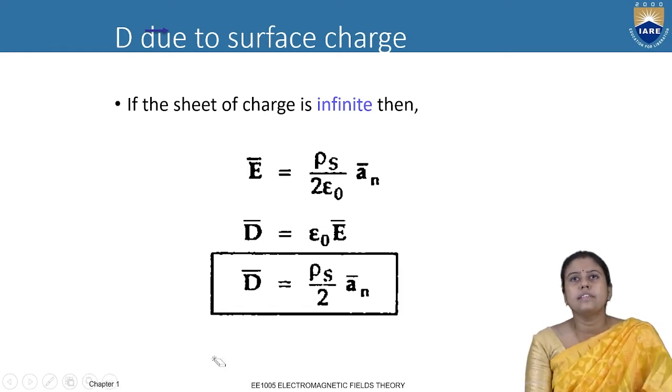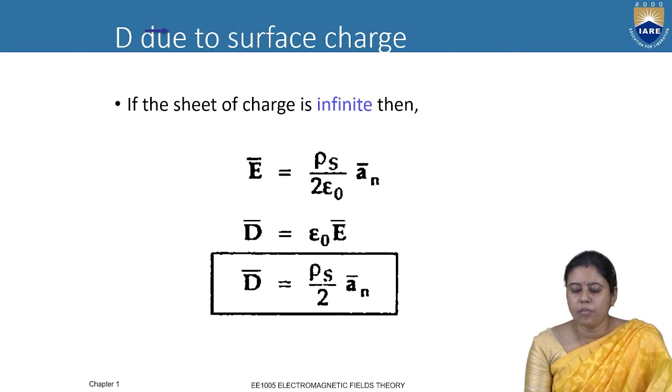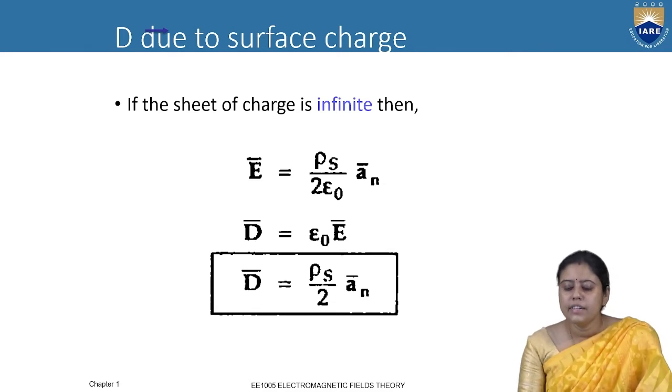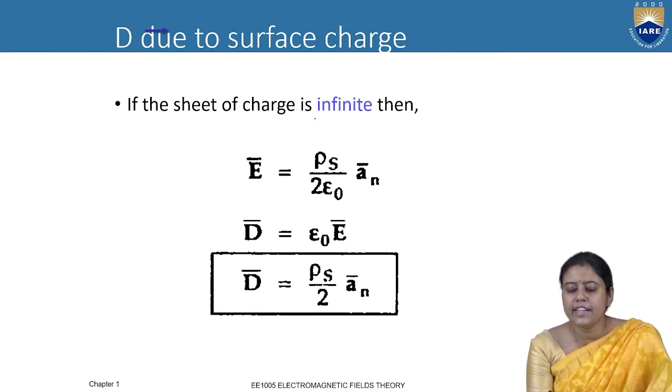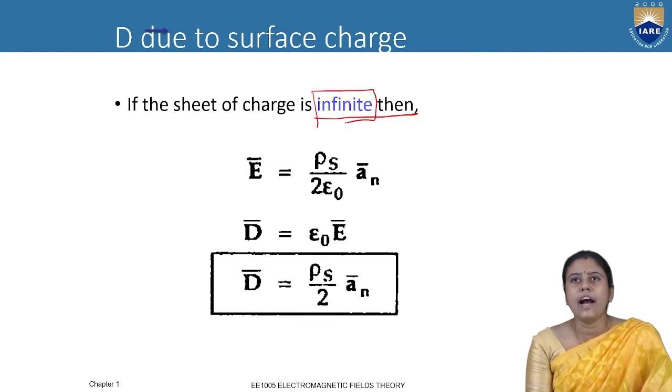Now, what is the value of D due to the surface charge? If the charge is infinite, this is the main thing. When the charge is infinite, what does it mean?